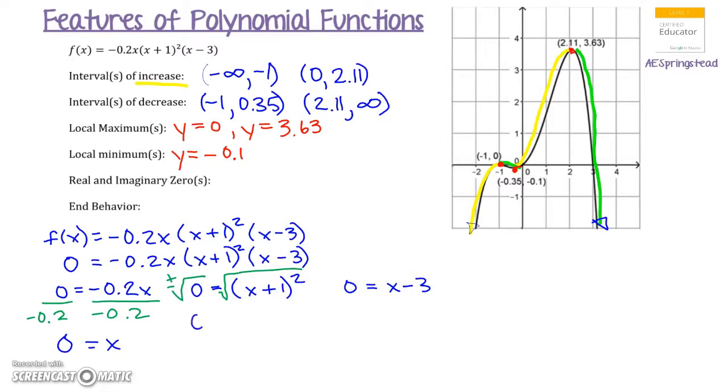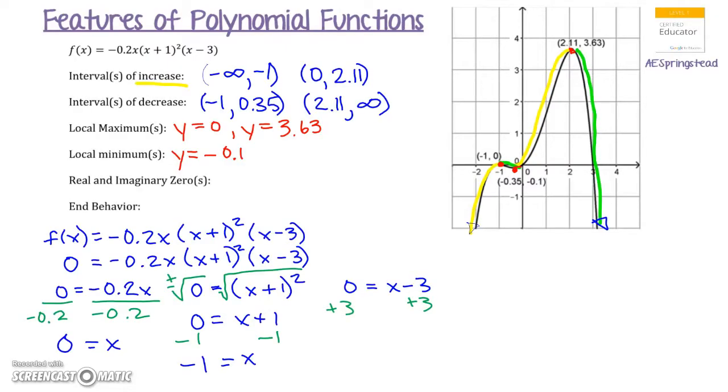So now I have 0 equals x plus 1, because the square root and the squared undo each other. So the last step for this one is just to subtract 1. And I have that x equals negative 1. And the last one, here we just have one step, add 3 to both sides, and I get x equals 3.